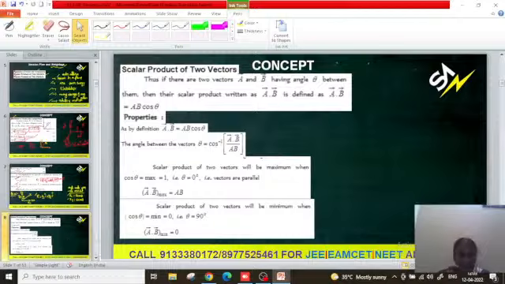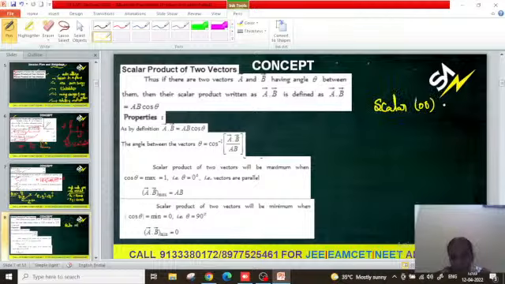Next, our next concept is the scalar product of two vectors. The scalar product is also called the scalar or dot product. It is also called the scalar product or dot product.